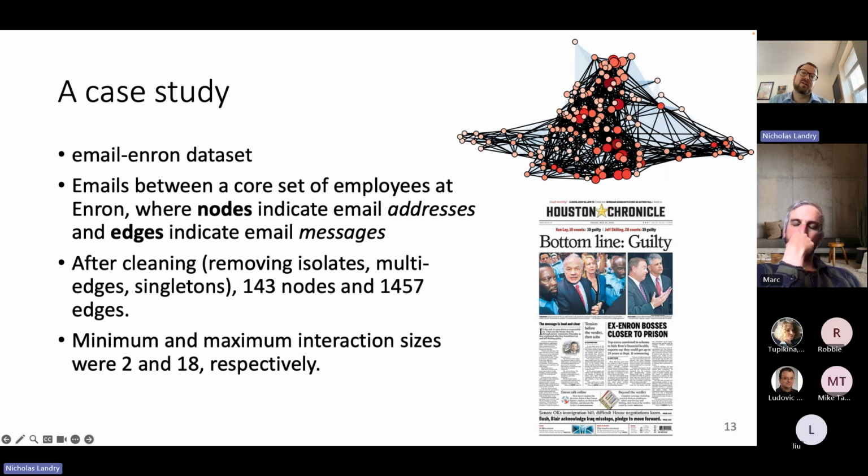I want to comment that a lot of our results are qualitatively the same. It's just they change quantitatively. And our minimum and maximum interaction sizes were 2 and 18, respectively. So we do this to explore 3 different types of structure. And what I want you to take away from this is that structure changes over different scales.